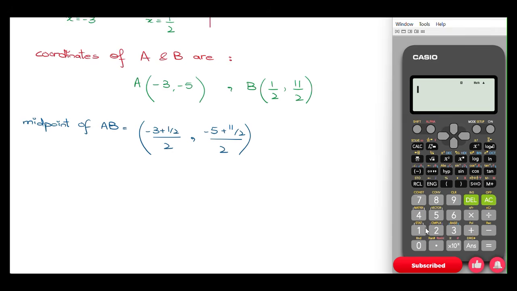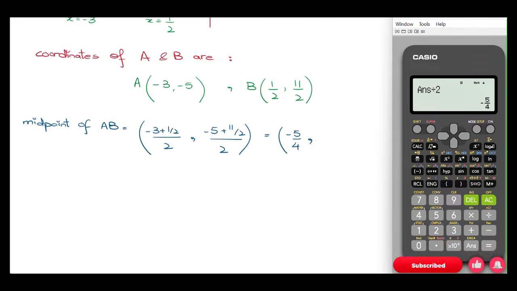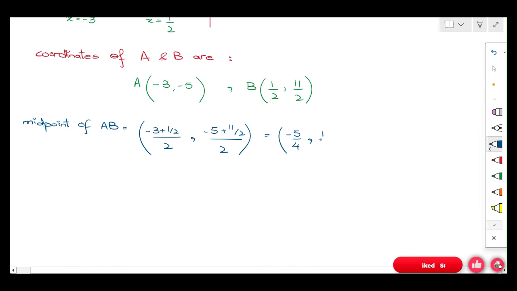What is negative 3 plus 1 by 2, and then divided by 2? It is minus 5 by 4. The y component is 11 over 2, subtract 5, and then divided by 2 is 1 by 4. These are the coordinates of the midpoint of the line AB.